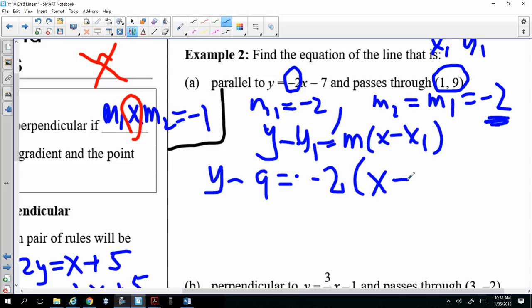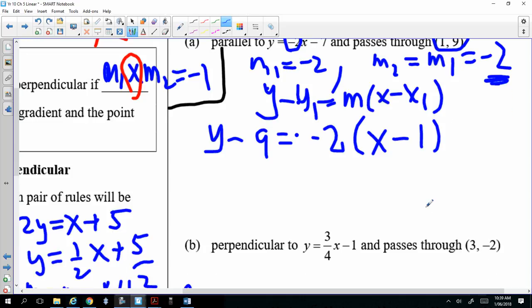The point-gradient form, because I don't have the y-intercept, I'm only given a point and the gradient. Because the lines are parallel, the gradients are equal. Both are -2.